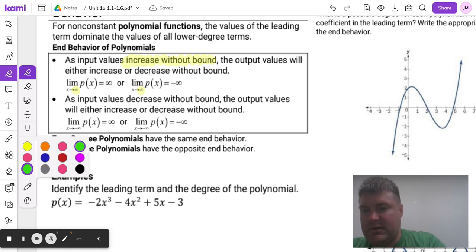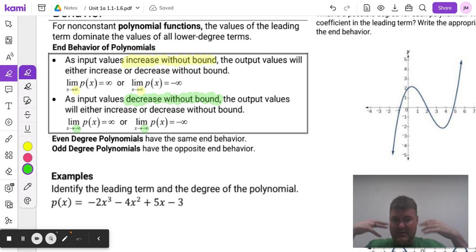Second bullet point: if we decrease without bound, you're going to see those negative infinities. That's really the new information here.